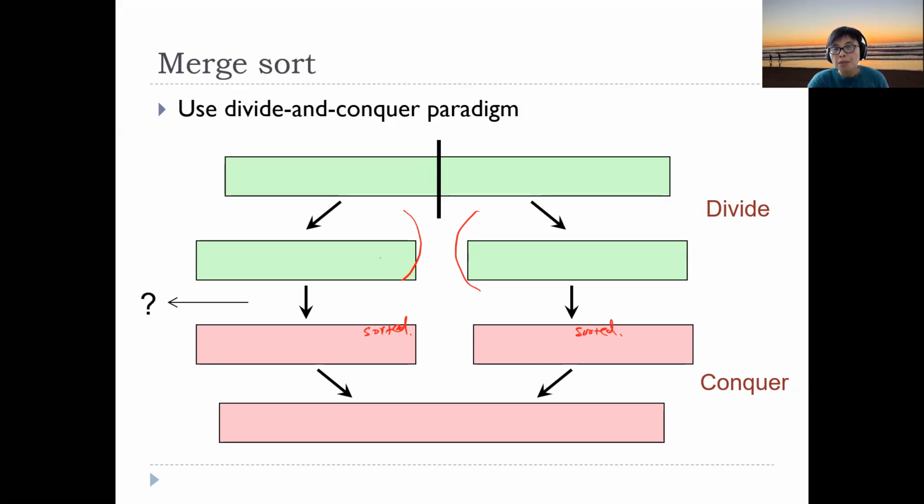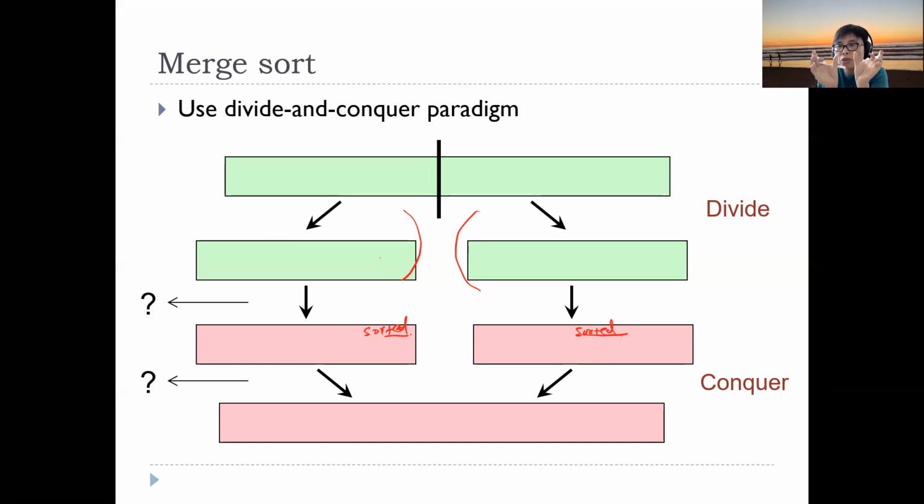But then we said that after that, we are solving each of the subproblems, right? We have to decide, how am I going to solve this subproblem? How am I going to sort this half of the array? Okay, how do we do that? So this is a step we need to describe, okay? And after you have the two sorted subarrays, we also need to describe the last merging step.